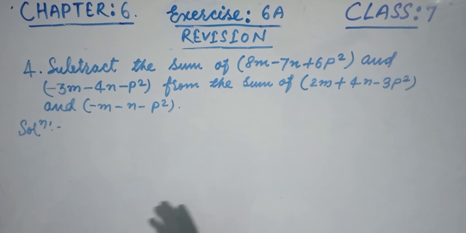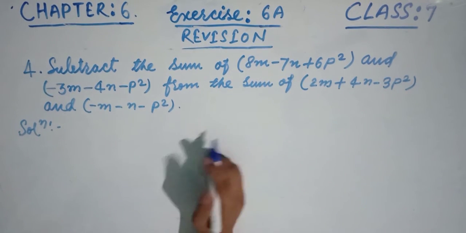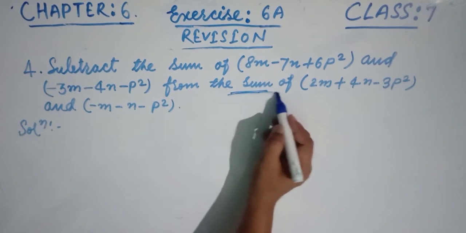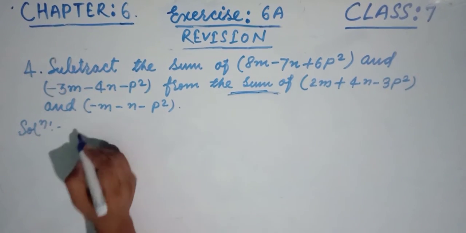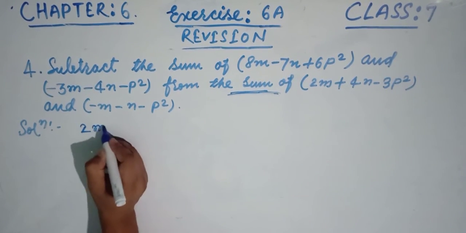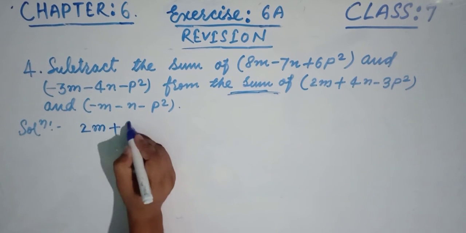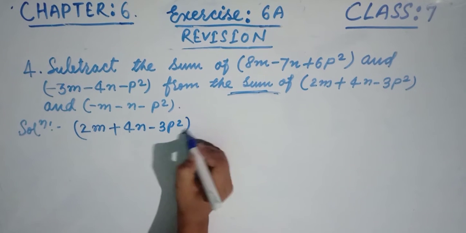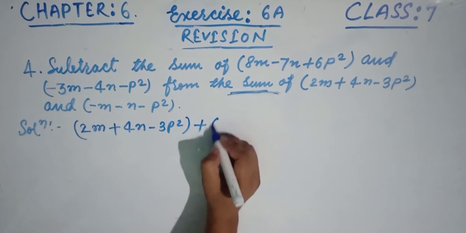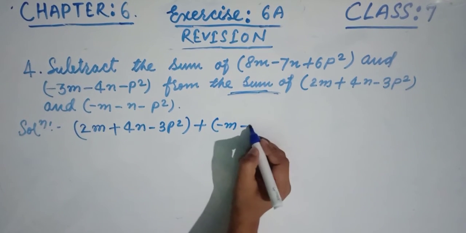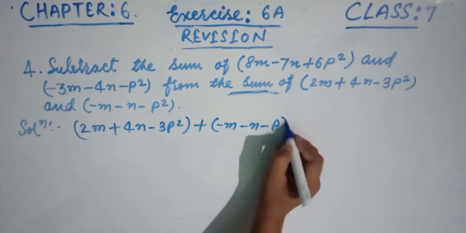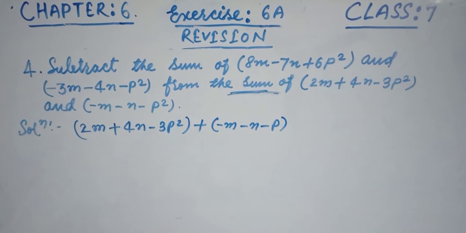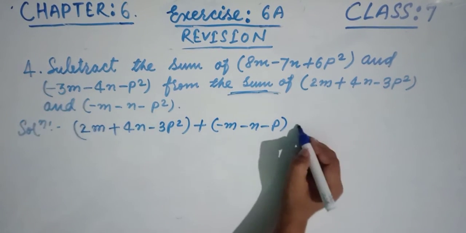So in what situation, friends? So the position of these two terms is addition. Here it says the sum of these two terms. So the sum, then difference. Now write the sum 2m plus 4n minus 3p square. The first, the sum means add, then this term minus m minus n and minus p square. Okay friends, then subtract, then write the subtraction sign.